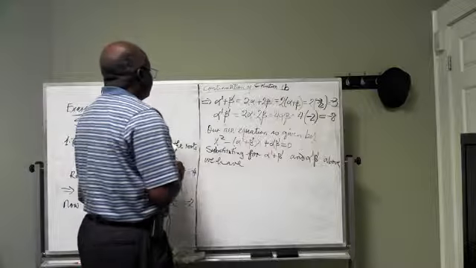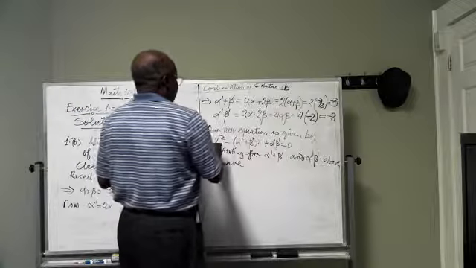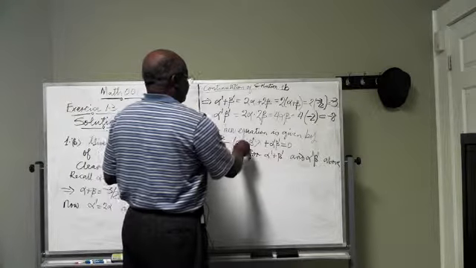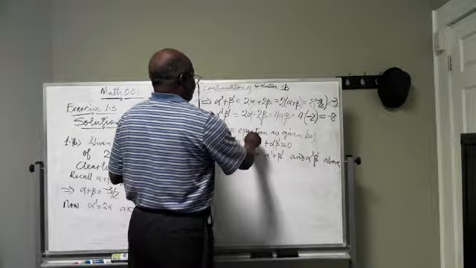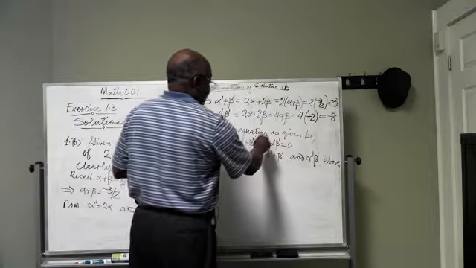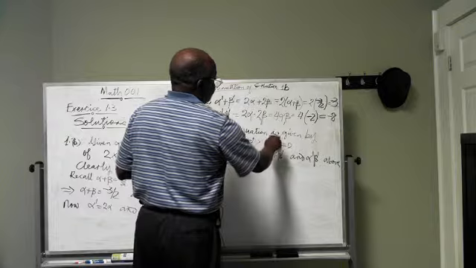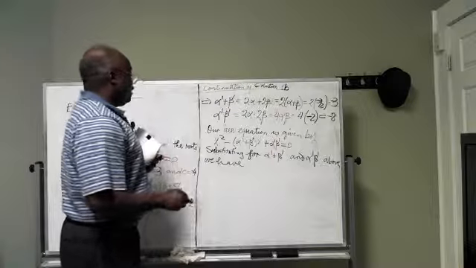Our new equation is given by x squared minus alpha prime plus beta prime all into x plus alpha prime beta prime equals 0.